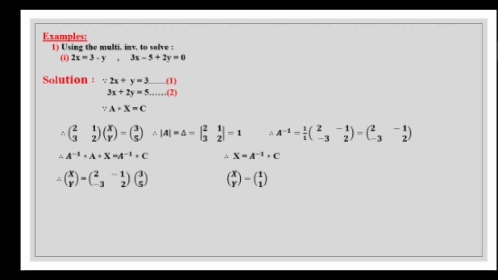Performing the multiplication of the two matrices, the matrix X and Y equals the matrix of 1 and 1. It means X equals 1 and Y equals 1. Therefore, the solution set equals the set of ordered pair (1, 1).